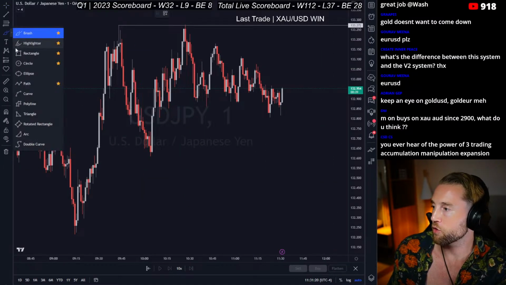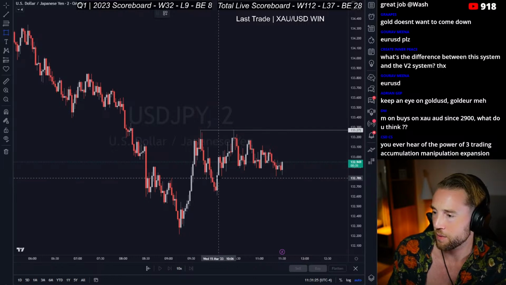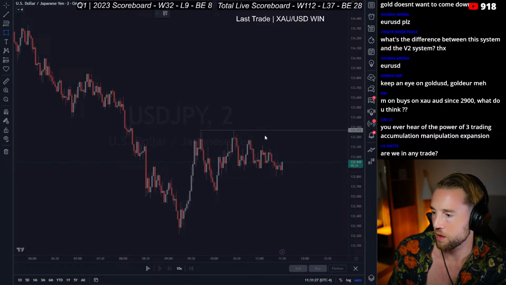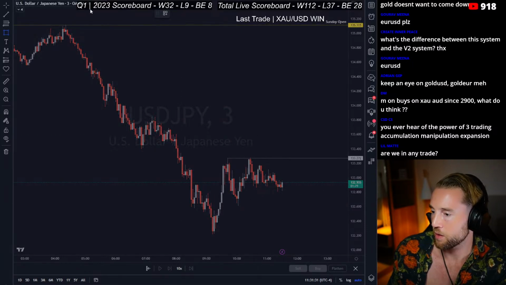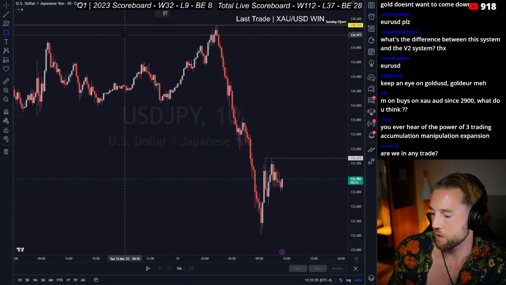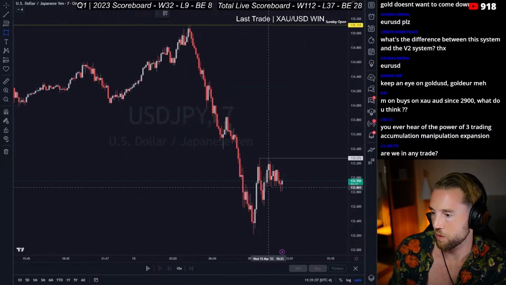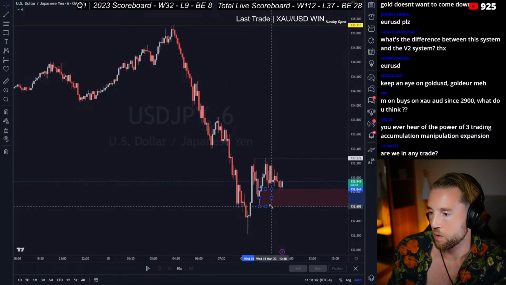Yeah, so if you look on the 2-minute chart, I can already see that we bounced from a particular zone here. I think this is the 5-minute chart, by the way. Okay, here we go.